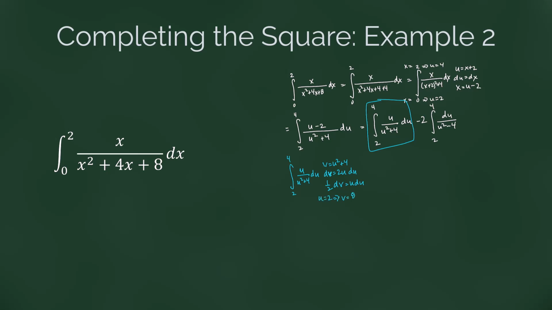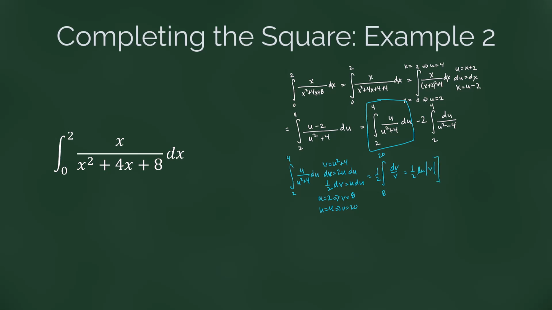We need once again to replace our limits of integration. So when u is 2, that means that v must be 8 because it's u squared plus 4. And when u is 4, v is 20. So that integral becomes the integral from 8 to 20. Move the 1/2 to the outside, we get dv over v.